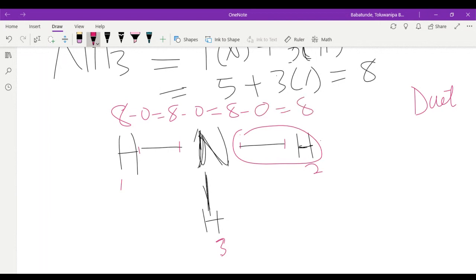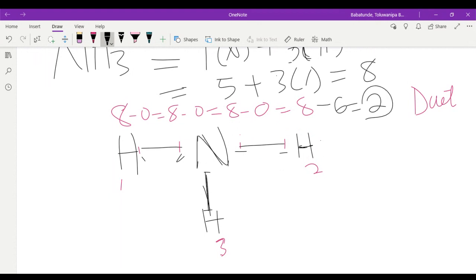So now we go to our nitrogen, which is our central atom. Remember, these 2 electrons also belong to nitrogen. So we now count 1, 2, 3, 4, 5, and 6. So nitrogen already has 6 electrons around it. So we subtract that, and it's now remaining 2.